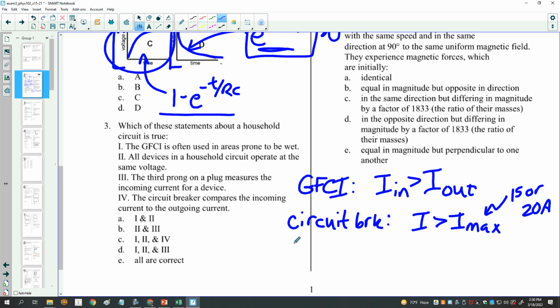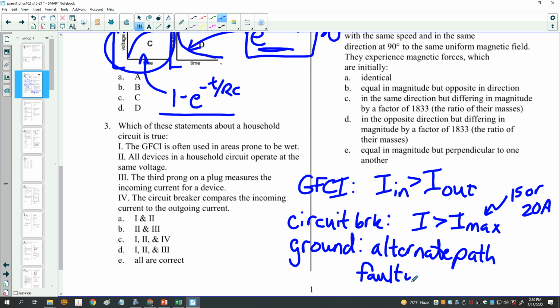And then also the ground provides an alternate path to ground. This protects against faulty devices. The GFCI is often seen in wet areas, and the circuit breaker, well, it checks for I exceeding I max.